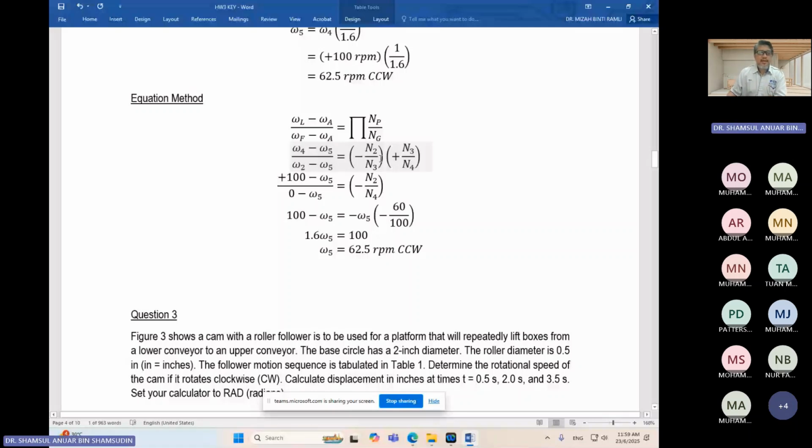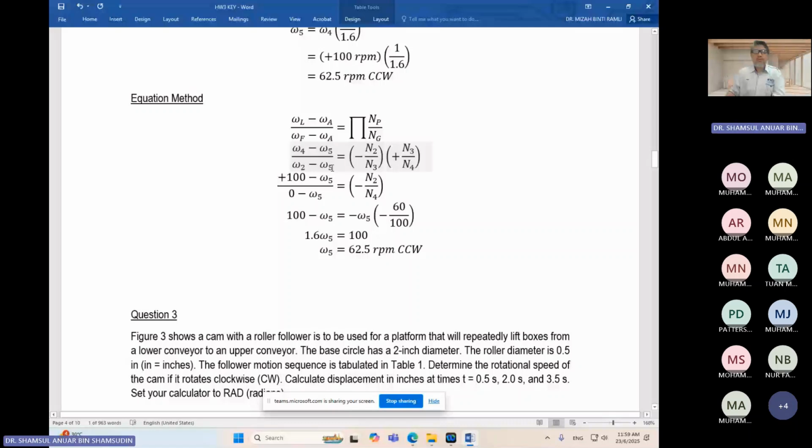On the right hand side of the equation, you have N_P over N_G, the pinion over the gear. So pinion over gear.